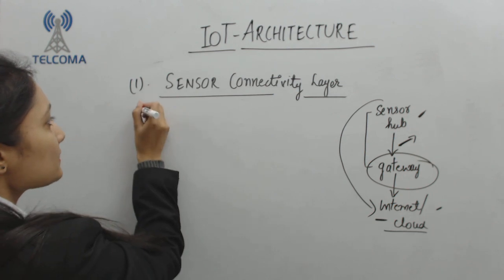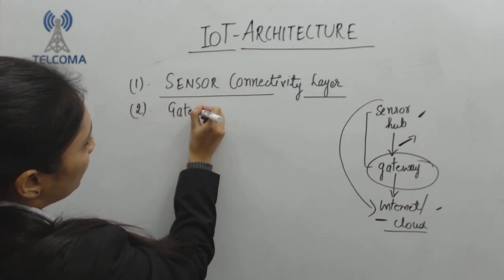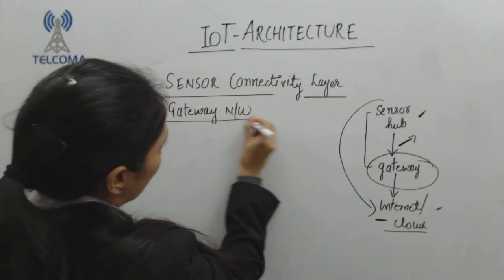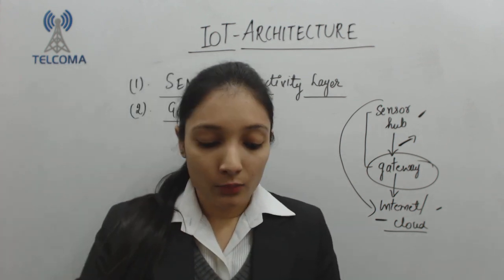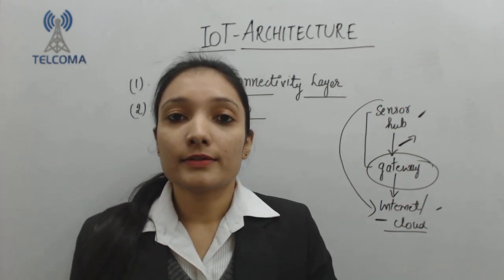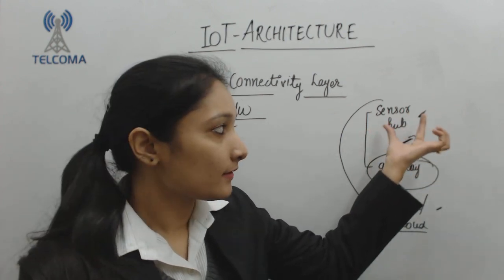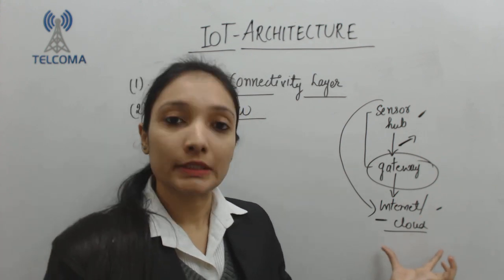So after the sensor connectivity layer, we have the gateway network for your IoT architecture. Now we know that tons of data will be generated through these tiny sensors. The data generated here needs to be transferred to this layer.